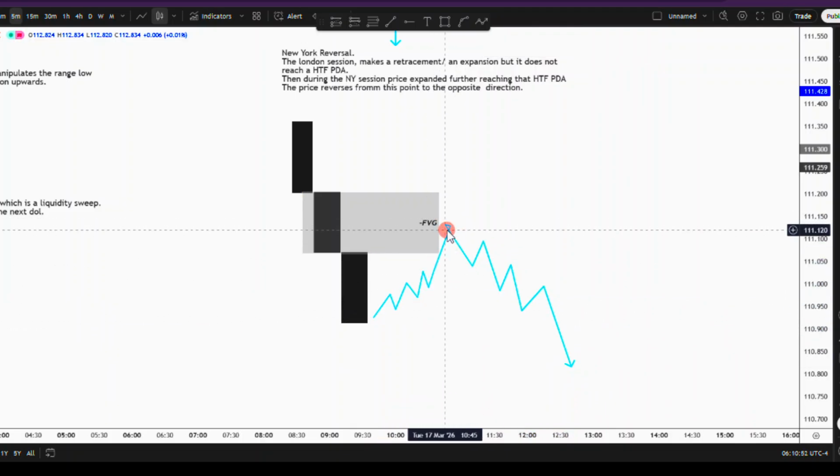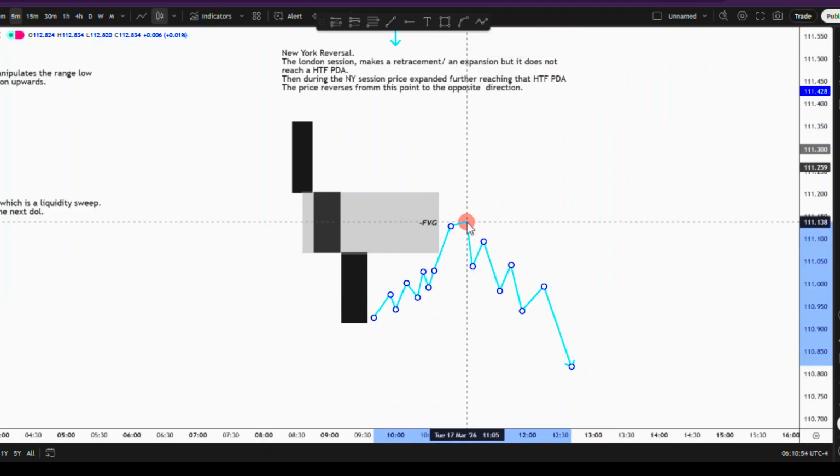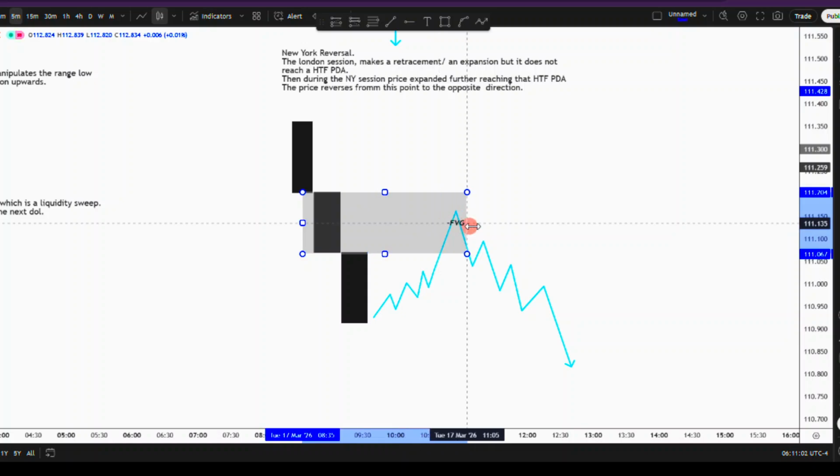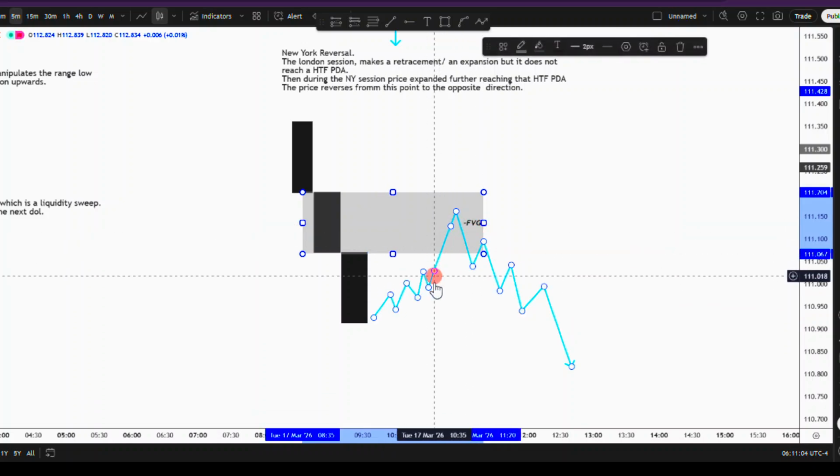This is what we're saying. London failed to engage this, giving room for the New York session to come and complete the run that had been started by the London session. So we expect price to come, reach here during the New York session, and reverse from here.